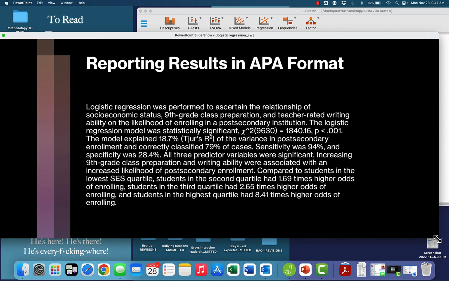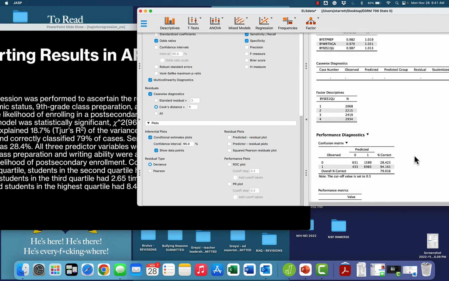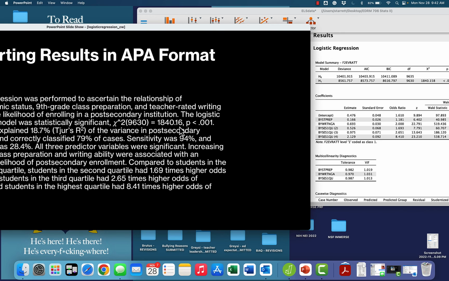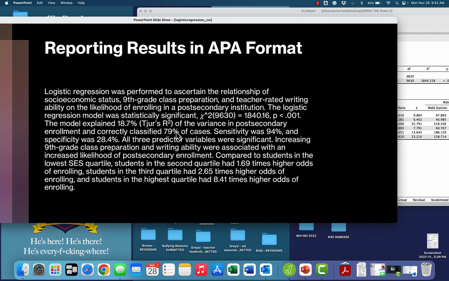The logistic regression model was statistically significant, and again, we report the chi-square with the degrees of freedom, 9,630, and just since we have JASP open, let's go back up to our table, and we see that our alternative model has 9,630 degrees of freedom. We report the chi-square value, 1840.158, and we report the p-value of less than 0.001.